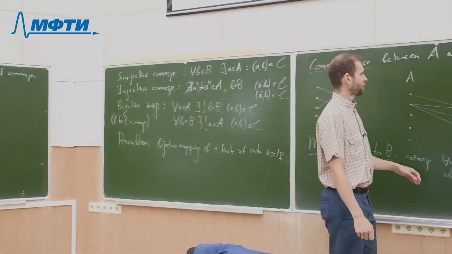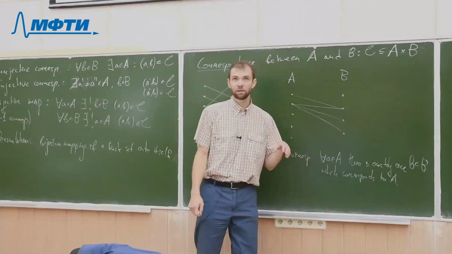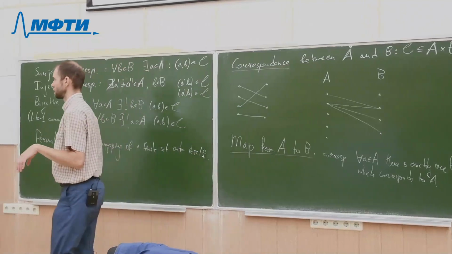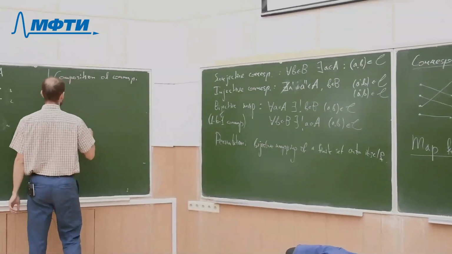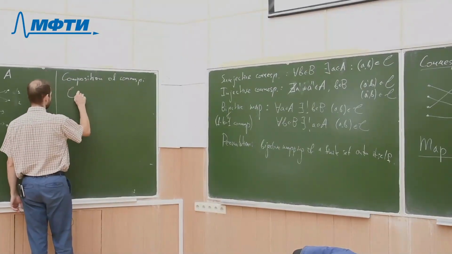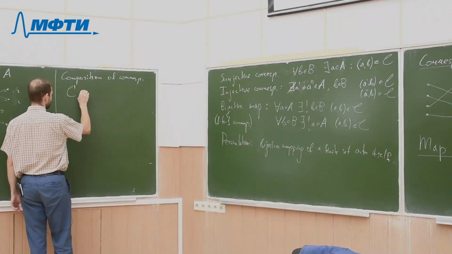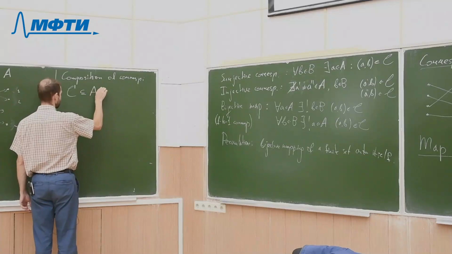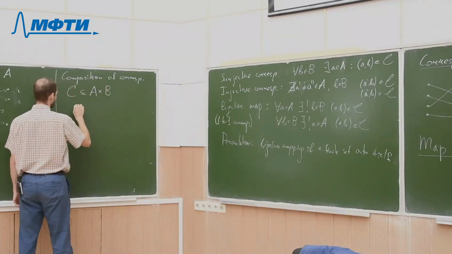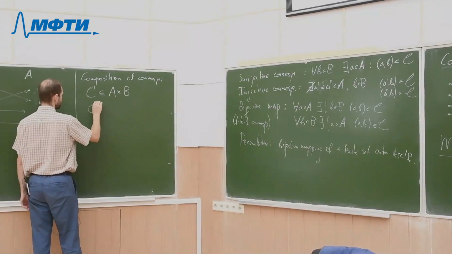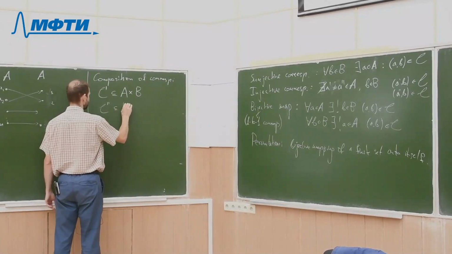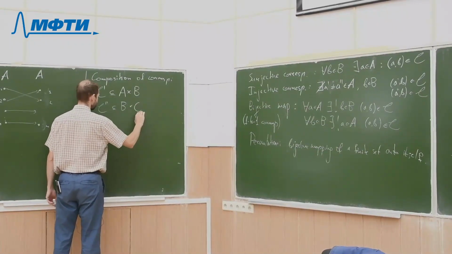One of them is between sets A and B, and the other is between sets B and C. Let one of them be called, say, C prime, a correspondence between sets A and B, and the other C2 prime, a correspondence between sets B and C.